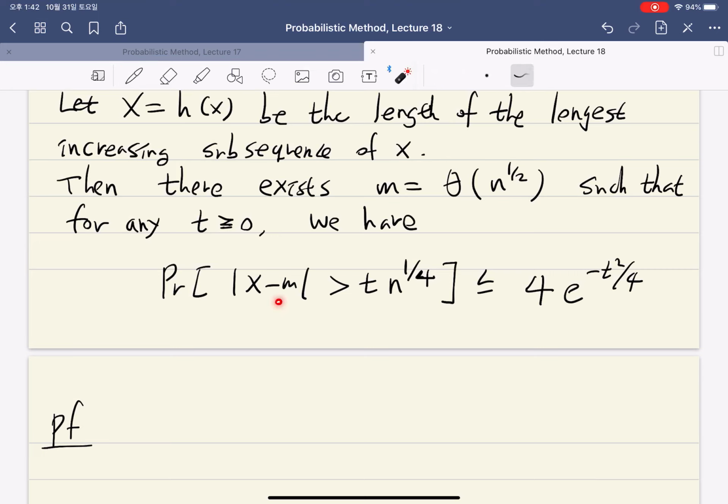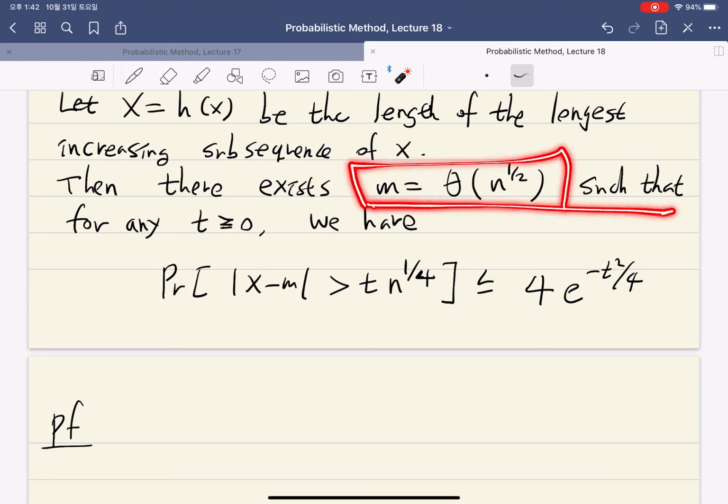It's obvious that we want to take this M as a median, but we also have to check that this median is as we want. Generally the median is difficult to compute exactly, but in lots of cases the median and the expectation, the mean, are not too far away.